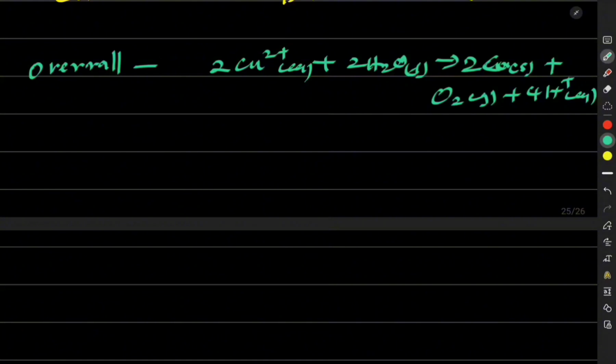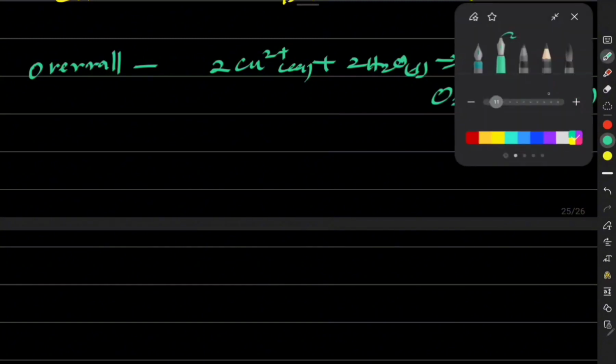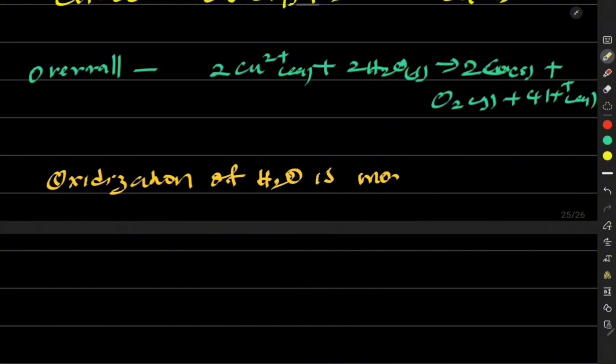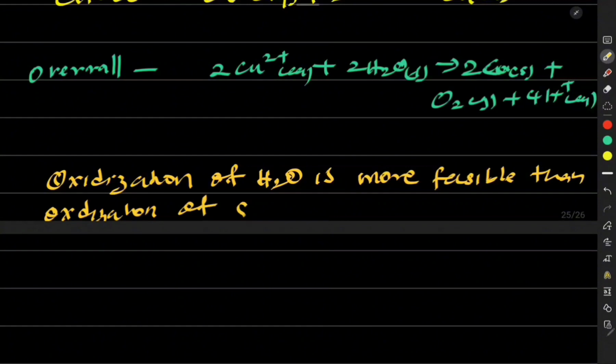Therefore, at the anode, O2 gas will be released by oxidation of H2O.